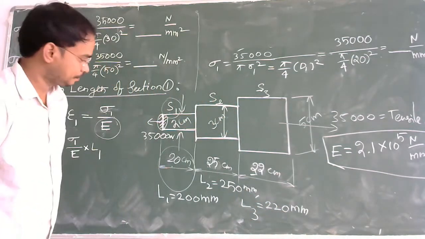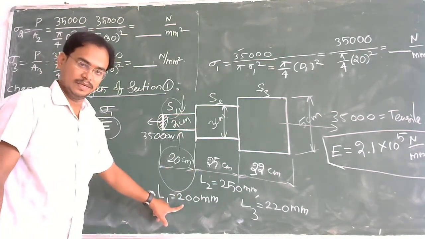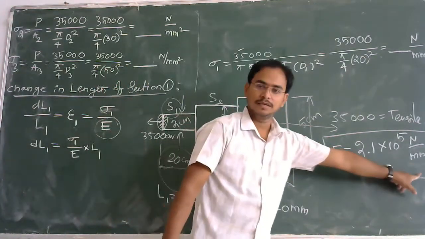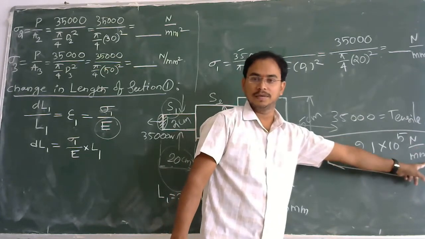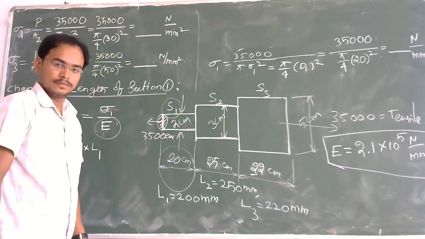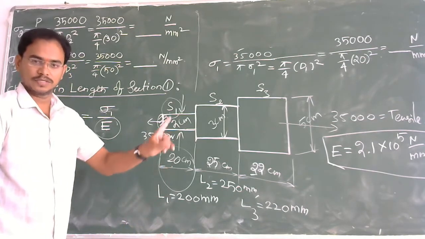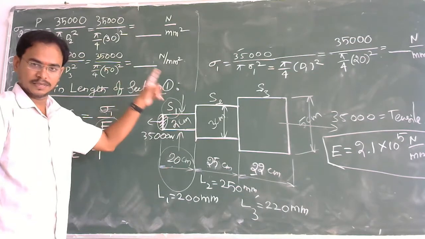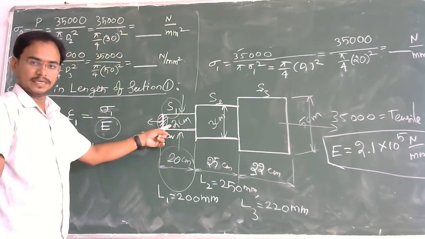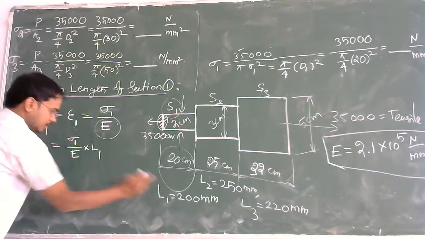I have just converted centimeters into millimeters. Why millimeters? Because the given Young's modulus in the problem is in Newton per millimeter square. That's why we need to convert all the dimensions, diameter and length, into a single unit. Now you substitute this here.